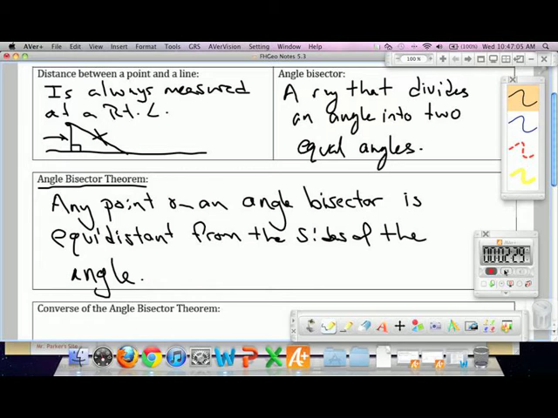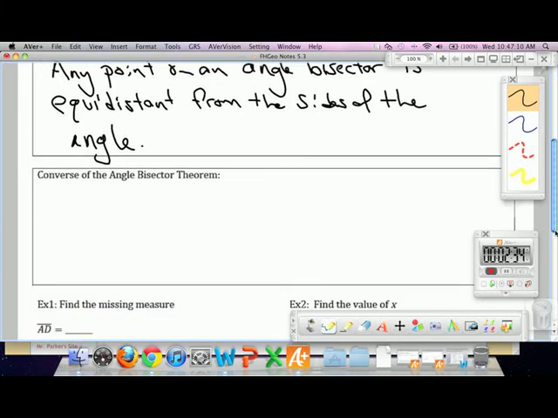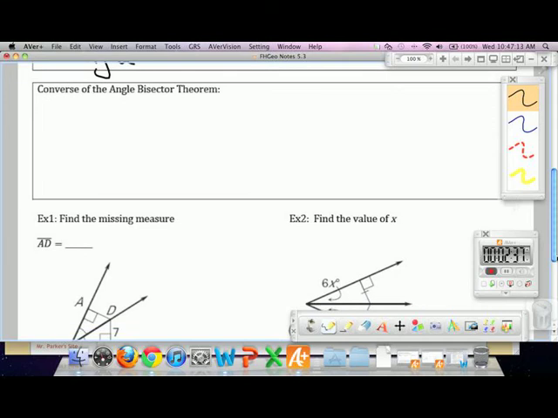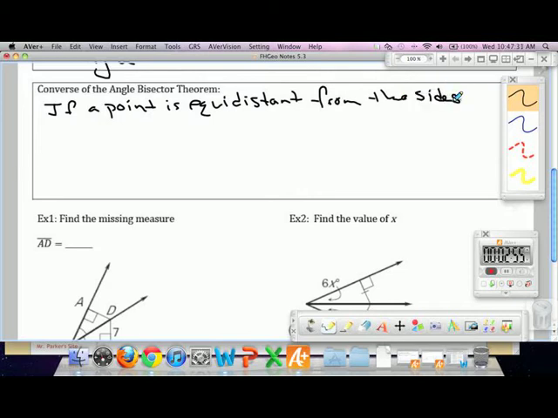The converse is also true. If a point is equidistant from the sides of an angle, then it must be on the angle bisector.